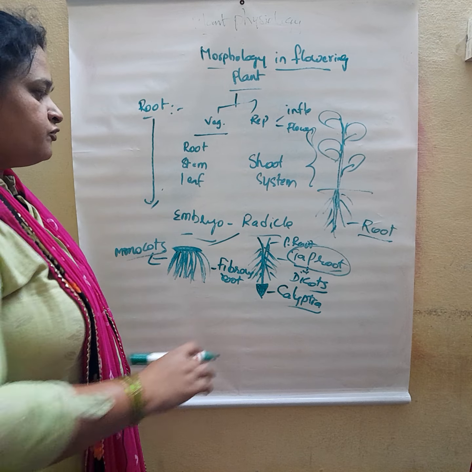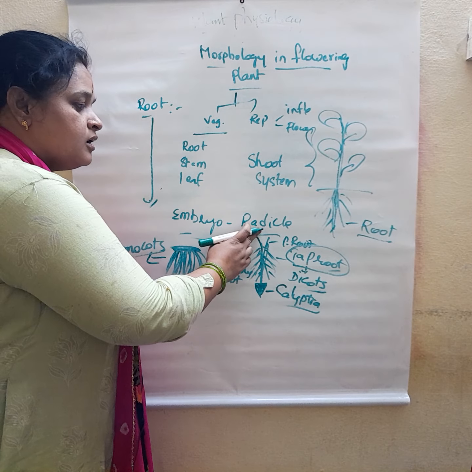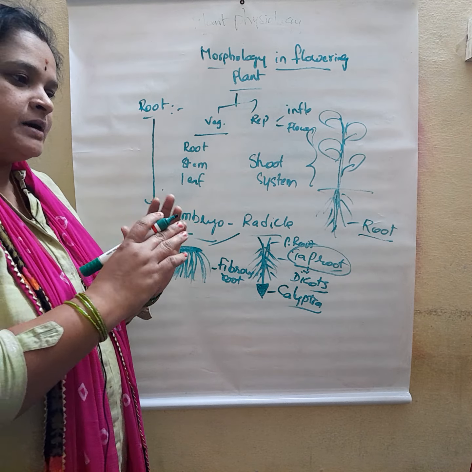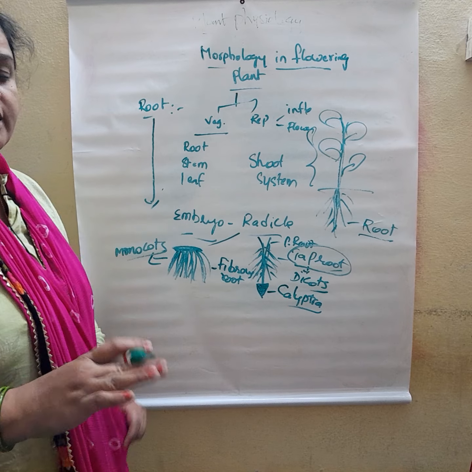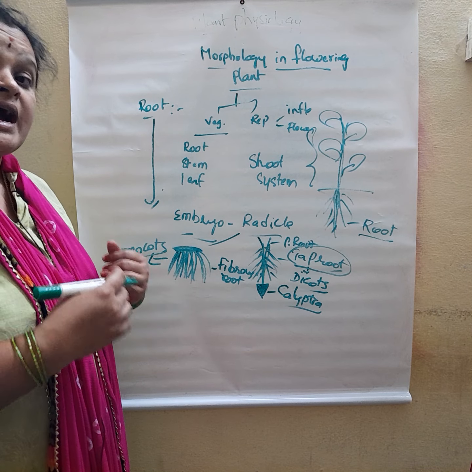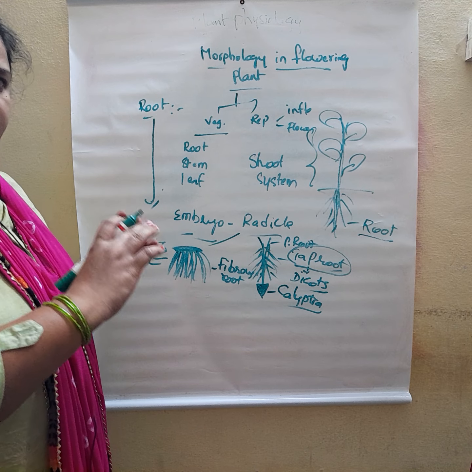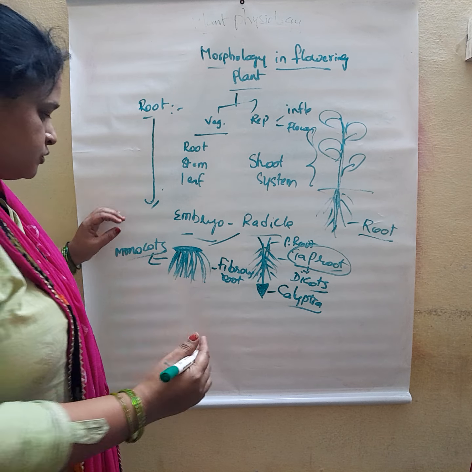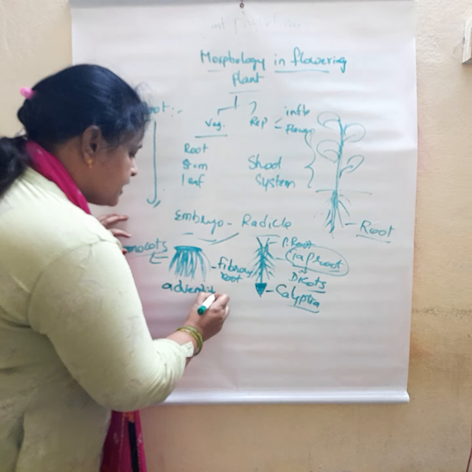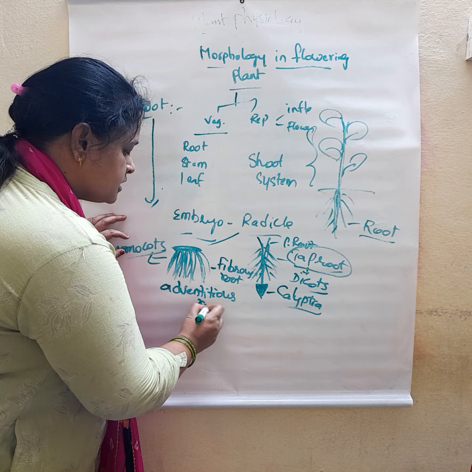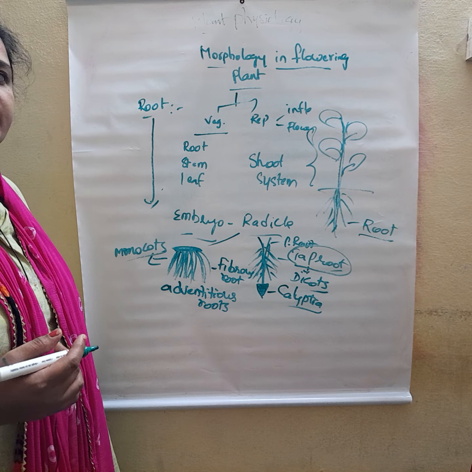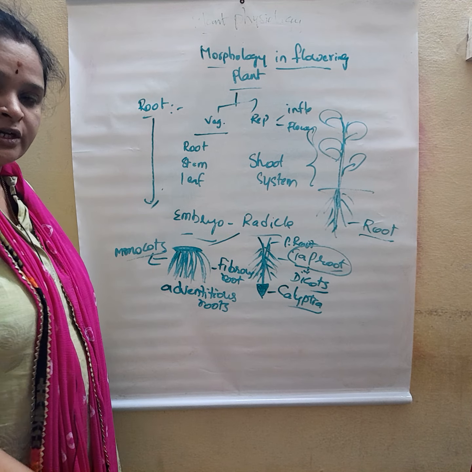From which part of the embryo does the root arise? The radicle. Root must develop from the radicle only. If any root-like structures develop from parts other than the radicle, they are called the adventitious root system. I will give you an example like the banyan tree. In a banyan tree, the roots are not only from the ground.